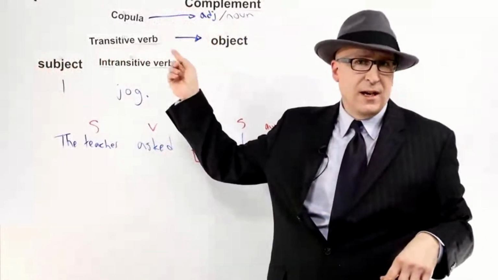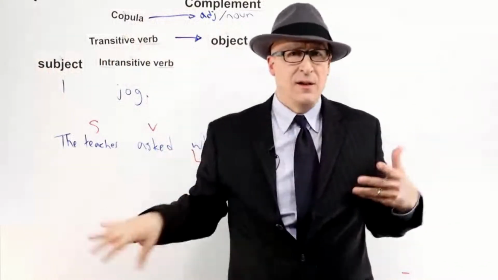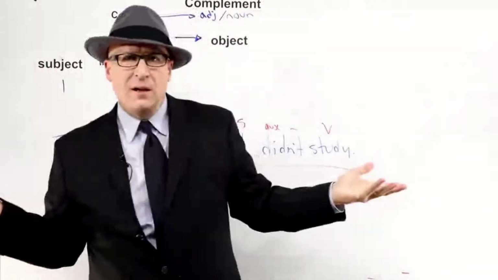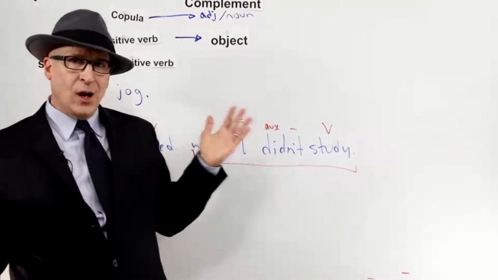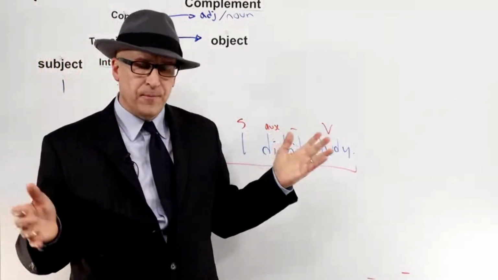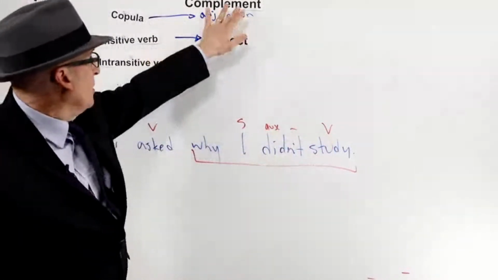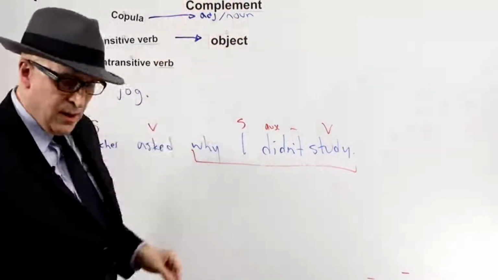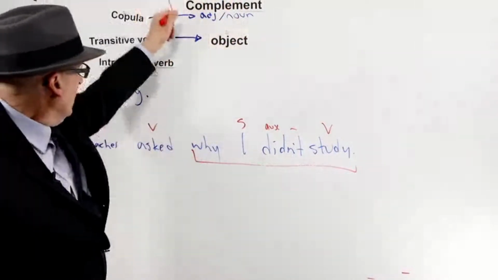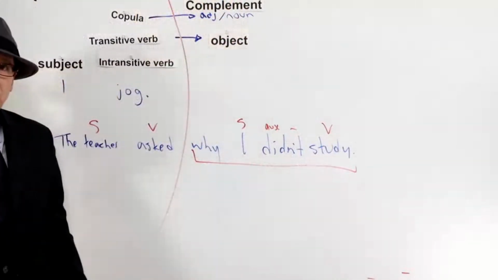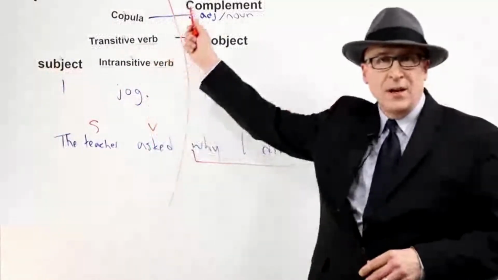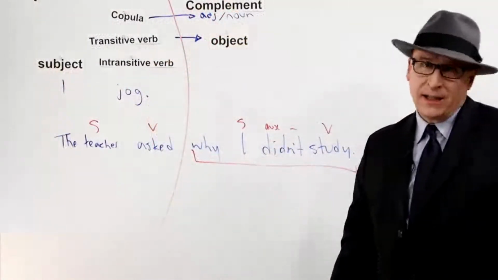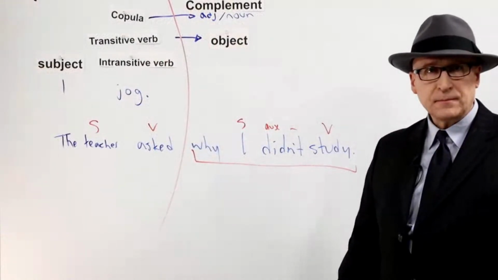Complements, objects, adjectives, nouns, gerunds, infinitives, nominatives. All these fancy words. But they're all talking about one thing. When we talk about complements, we're talking about everything that comes after the verb. We talk about verb complements or complements. We're talking about all the stuff that can come after a verb.